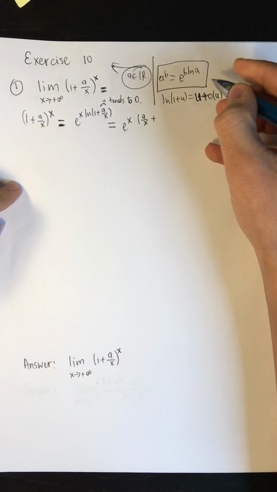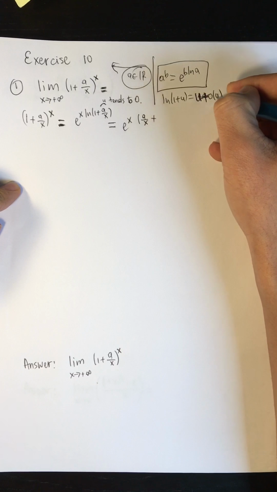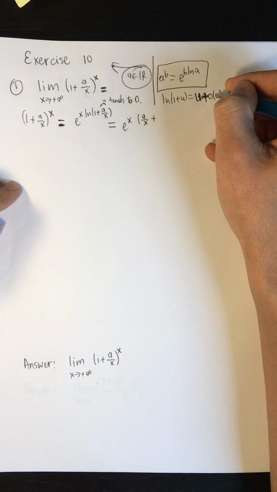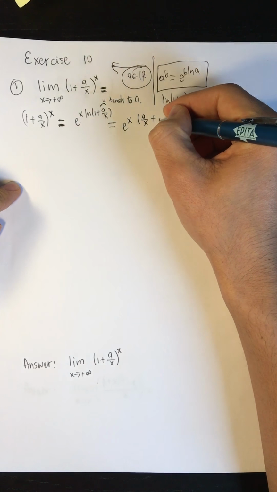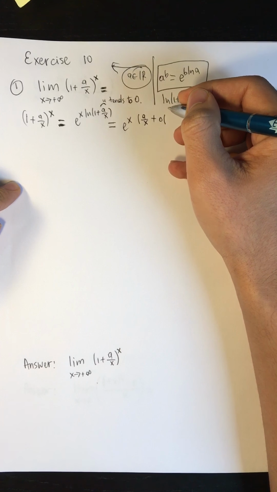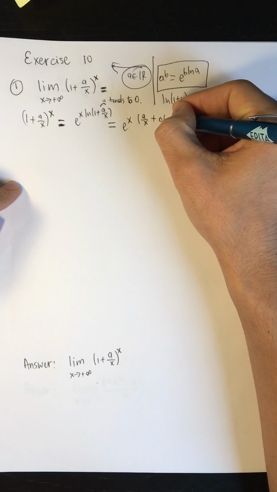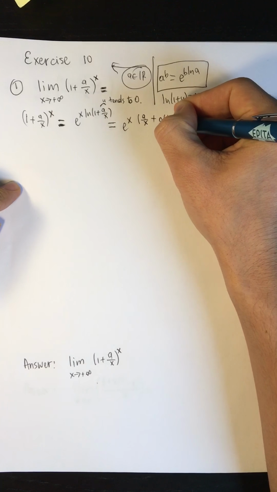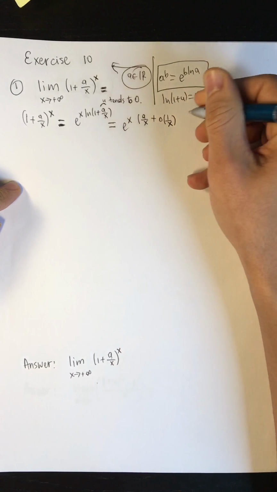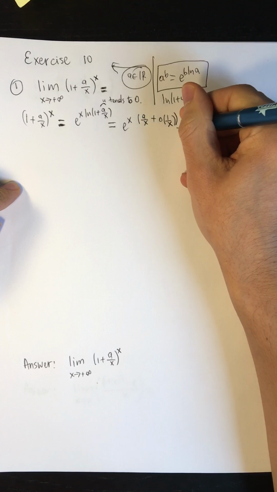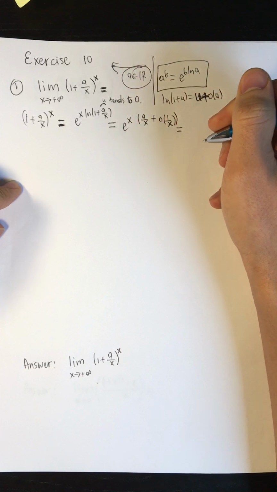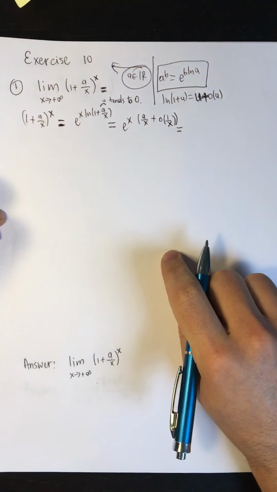Plus, I'm using this formula, plus o(u), and o(a over x) is equal to, based on the properties of small o, o(1 over x). You can deduce o(1 over x) like this with small o notation. Okay, any questions?